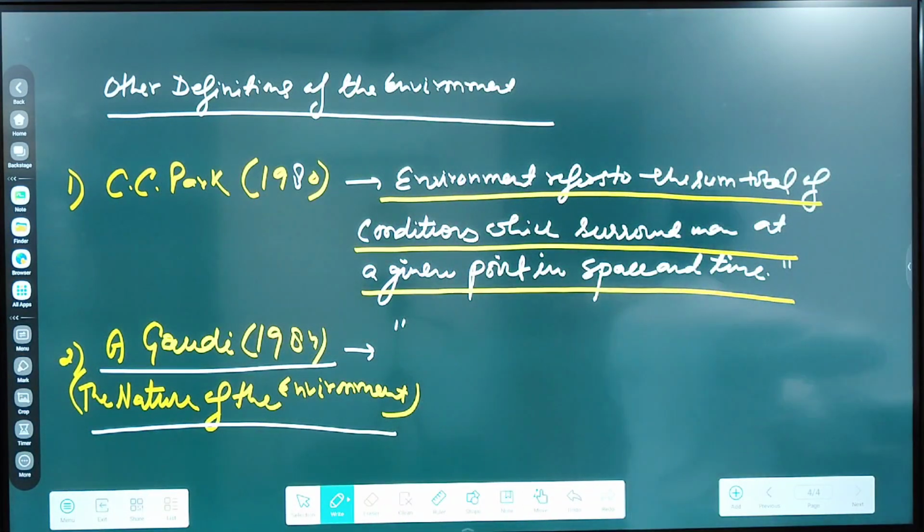He says that environment is taken as the representative of physical components.